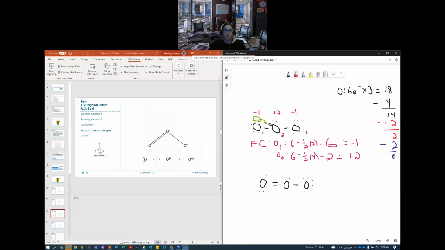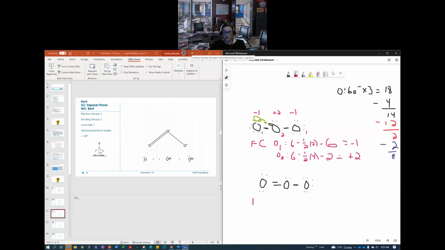So I still have the same number of electrons that I had before, but I've moved 2 of these electrons from here to here. That changes this charge here so that it's now a different value. And let's calculate what those values are.